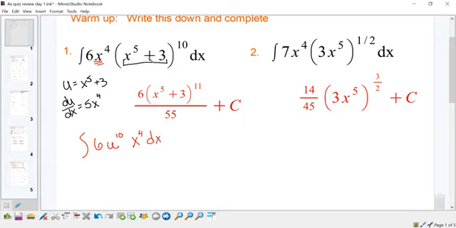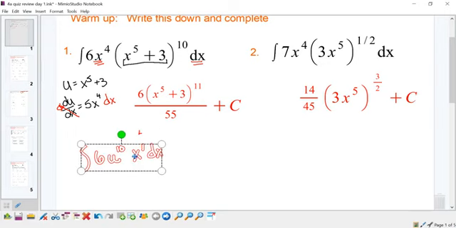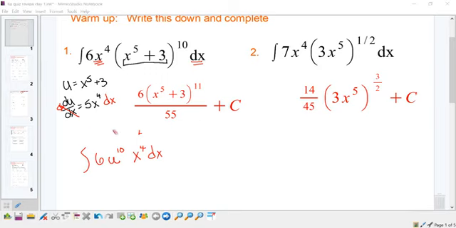I wanted the x to the 4th next to the dx because if I multiply dx to the right, I get du equals 5x to the 4th dx.